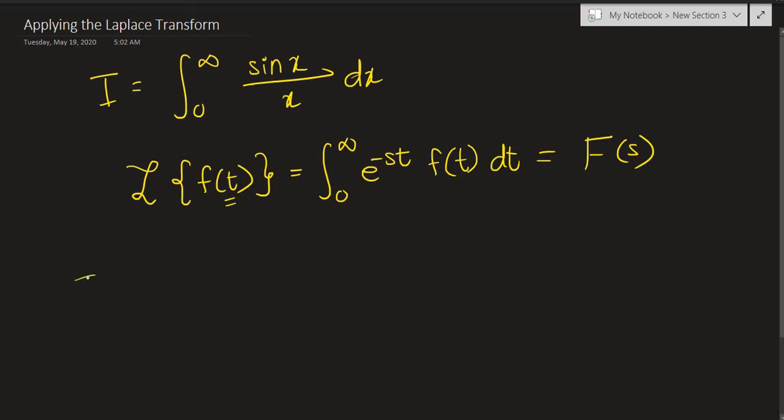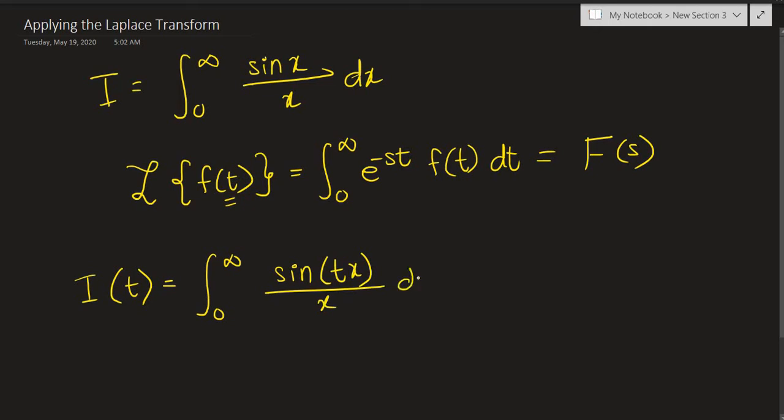So let's parameterize it like we usually do for our Leibniz rule, but in this case we're not going to be parameterizing it as e raised to negative tx. Instead we'll be adding the t inside with the sine divided by x dx.